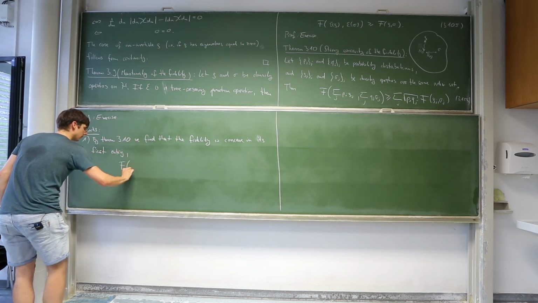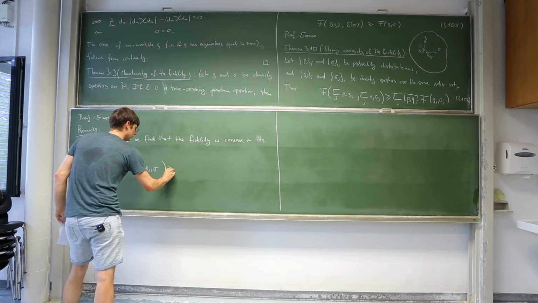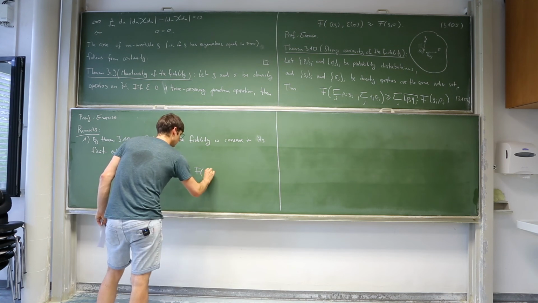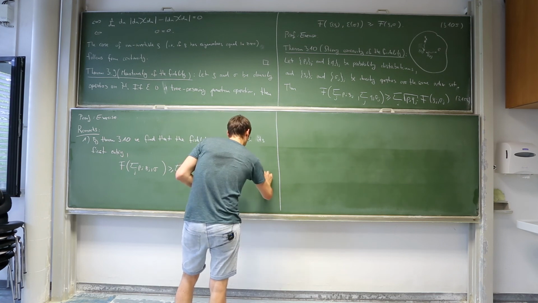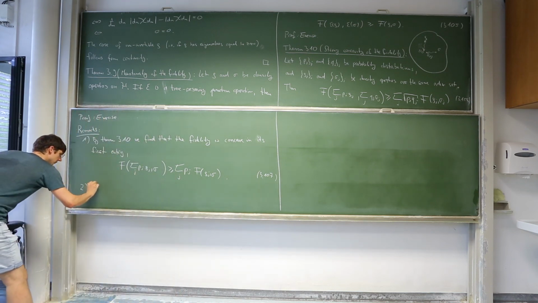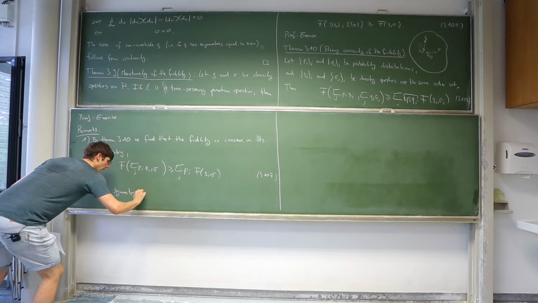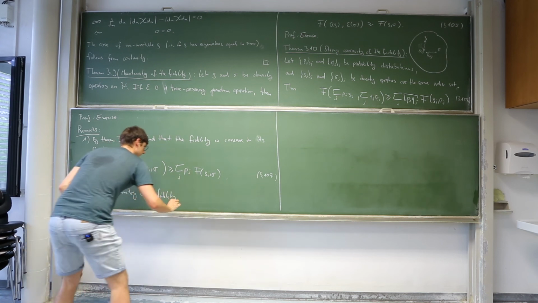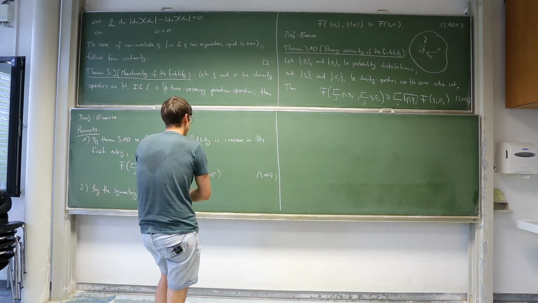Namely that f of the sum over j of pj sigma j, and rho, is greater or equal to the sum over j of pj times f of sigma j and rho. And by the symmetry of the fidelity, it is also concave in its second entry.